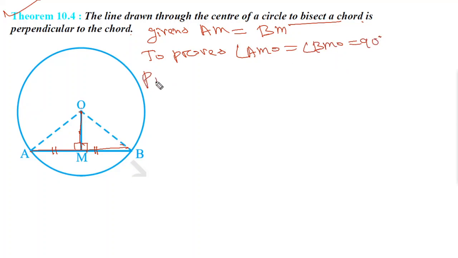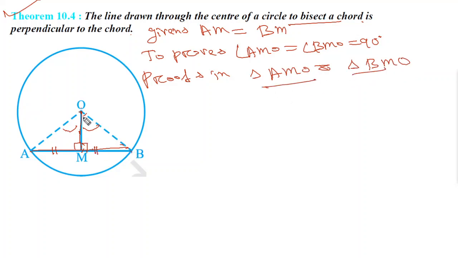Now we will move to the proof section. Same, we will take these two triangles, triangle AMO and triangle BMO. Now in between these two triangles, look at the figure. What do we have equal? AM equal to BM. Just write it. AM equals BM. It is given to us.